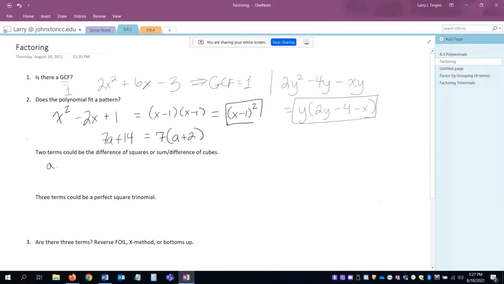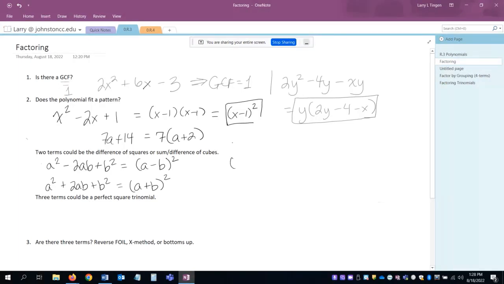If your formula looks like a squared minus 2ab plus b squared, that is the a minus b all squared. If you look like this, plus 2ab plus b squared, this always factors into this form.